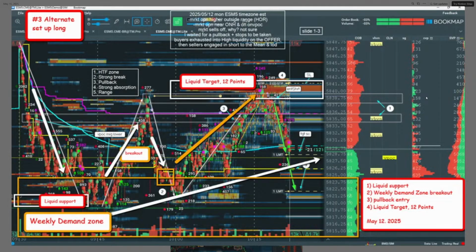Okay, I understand. Just to expand a little bit on what I was saying, in real time when we're working, it's the liquidity that confirms these areas for me.